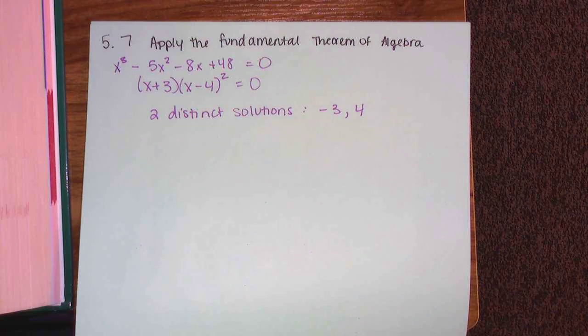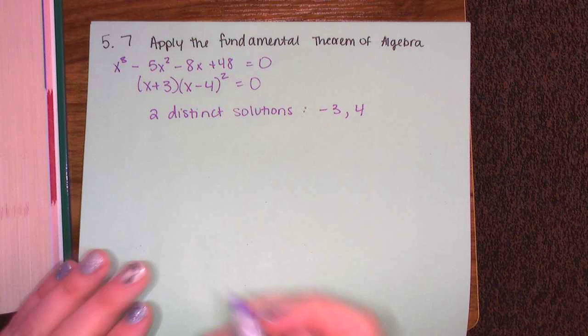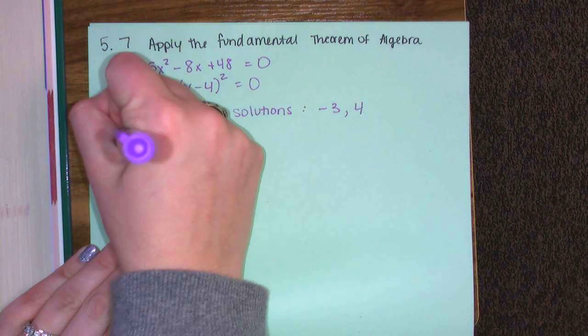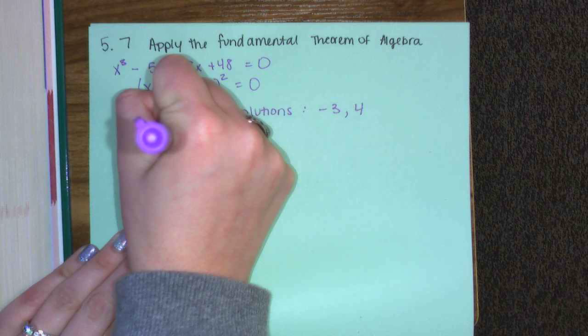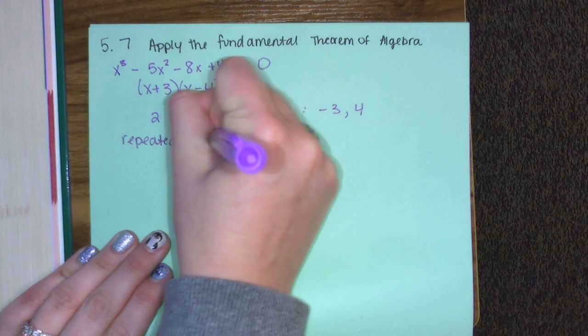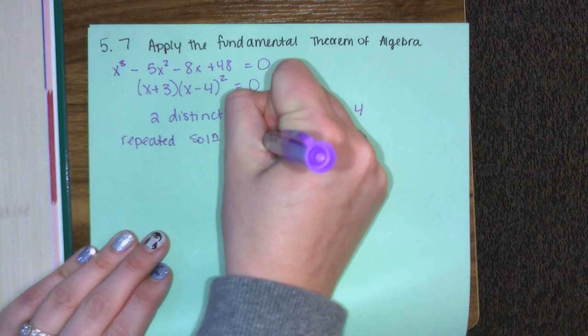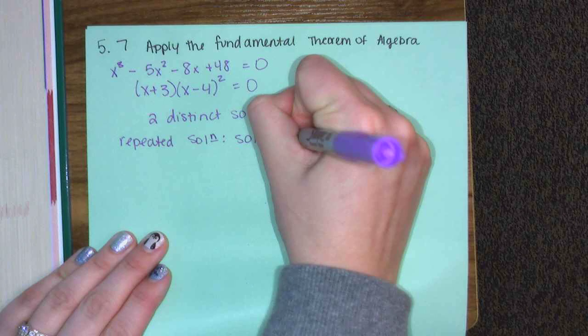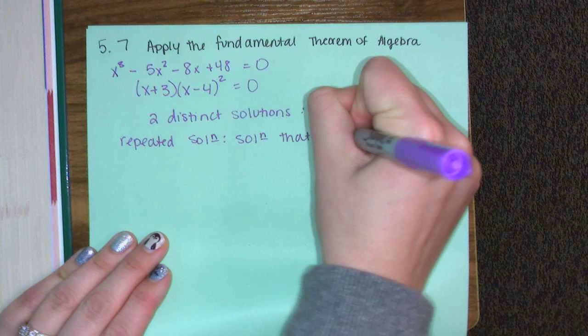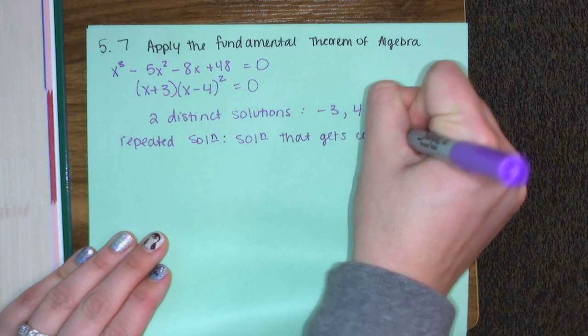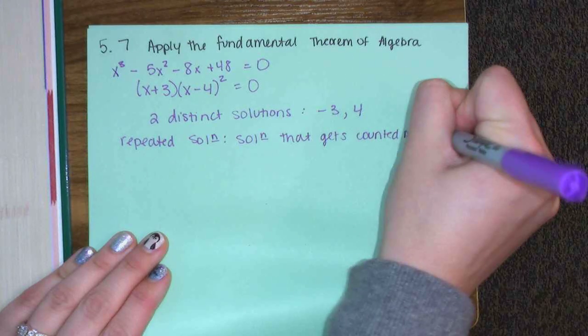But remember how before I said sometimes you might actually have a double zero or a repeated solution? I kind of mentioned those before. Now we actually do have that. So a repeated solution is a solution that gets counted more than once.